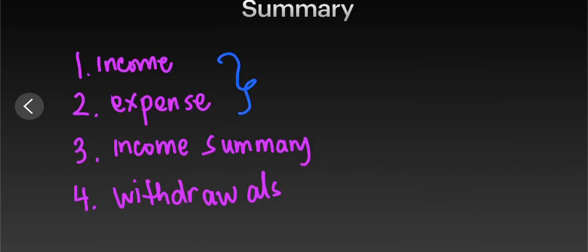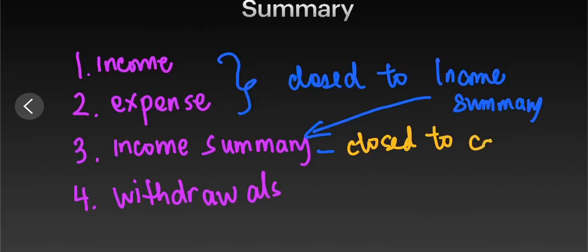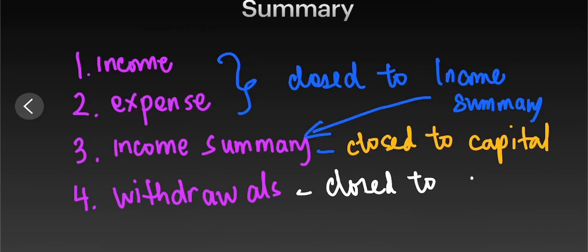Income and expense are being closed to income summary account, which is this. Income summary is being closed to capital account. Withdrawals is being closed to capital account.